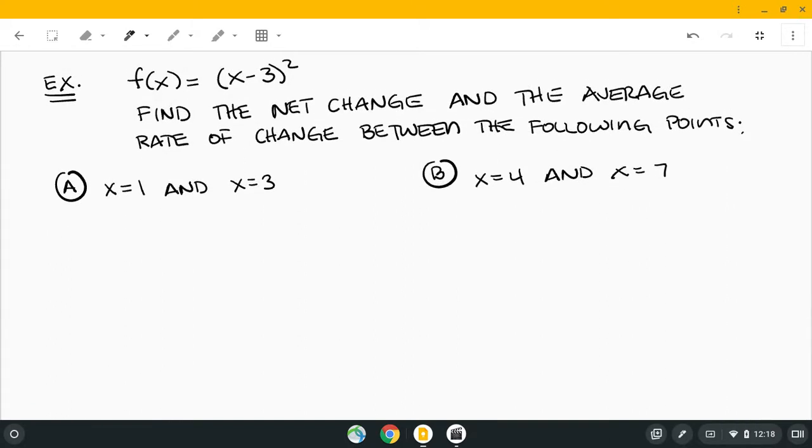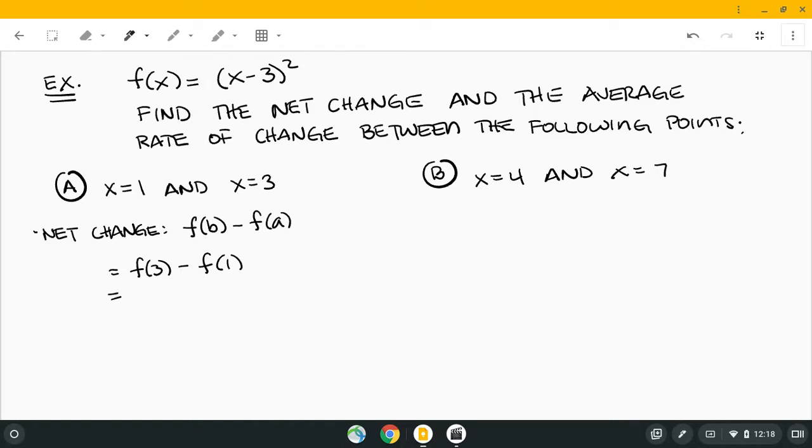Okay, so we need to find the net change. So let's go ahead and do that here. We'll do the net change first. Again, this is the one that you guys learned before. So net change is just f of b minus f of a. So this is going to be f of 3 minus f of 1.